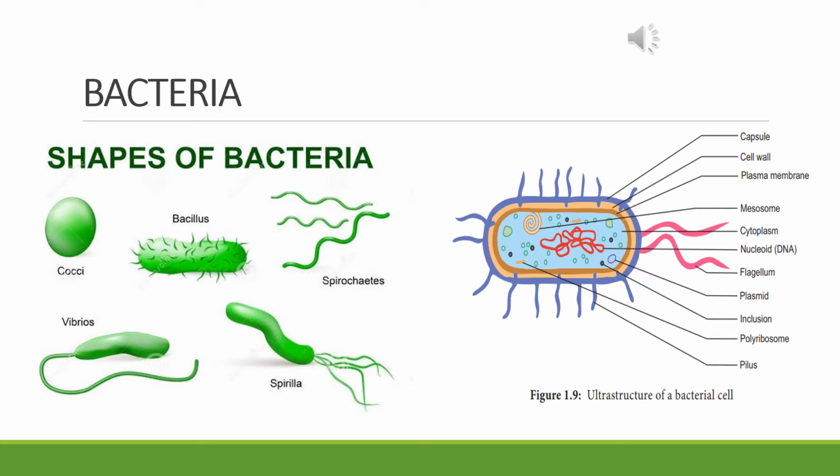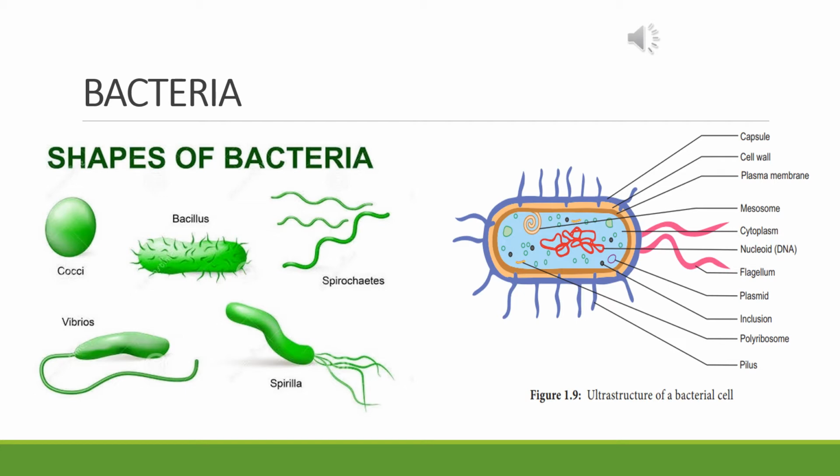Next is the bacillus, and this type of bacteria are rod-shaped. Then there are some spiral or helical bacteria which are called either Spirochetes or Spirilla, and the shape is called spirillum. And then there are some comma-shaped bacteria which are called Vibrio, like the Vibrio cholerae that causes cholera.